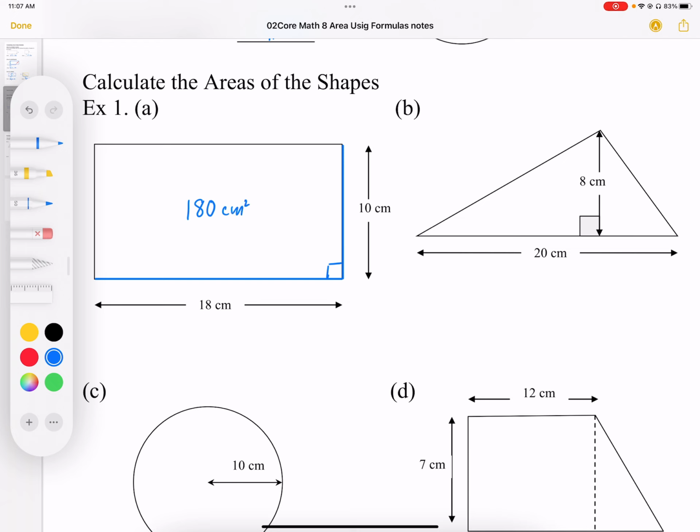So it's going to give us 180 centimeter squares on the grid.